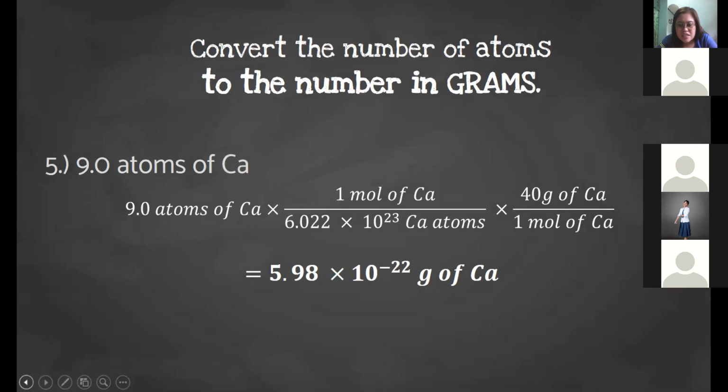So that's 360. And then you divide it directly by 6.022 times 10 raised to the power of 23. Correct, it's 5.98 times 10 raised to the power of 22. What's the problem with the calculator? Please clarify what you mean.